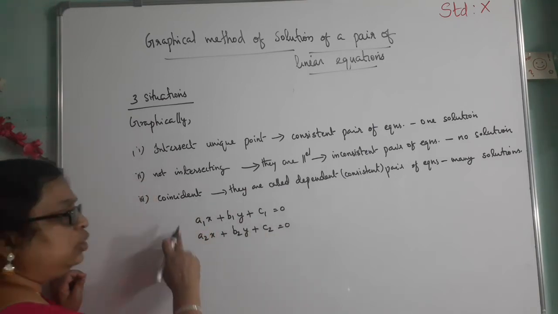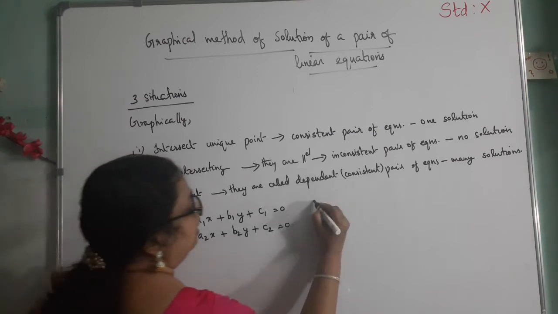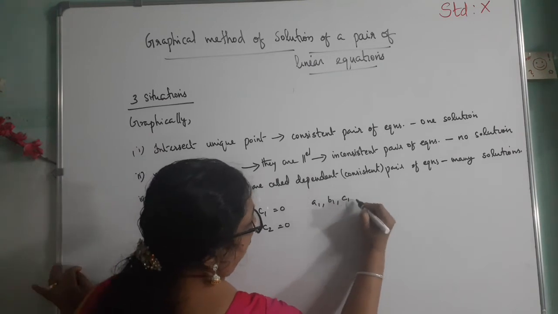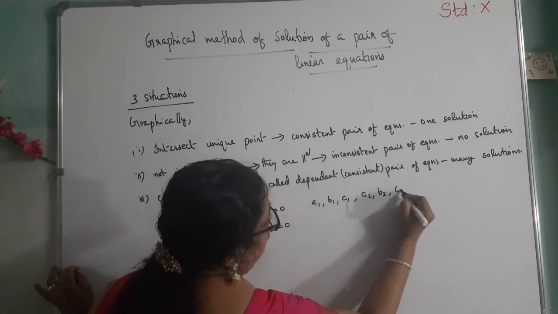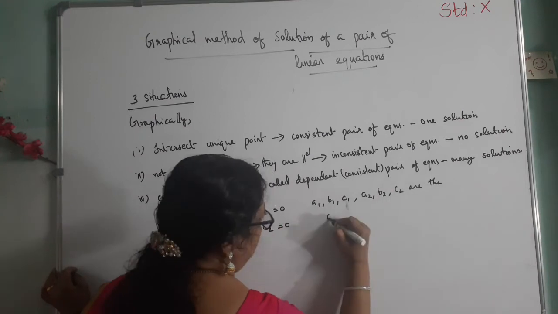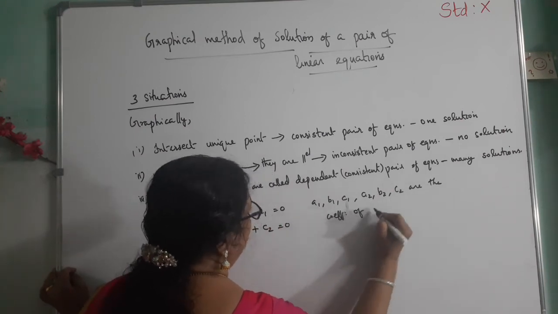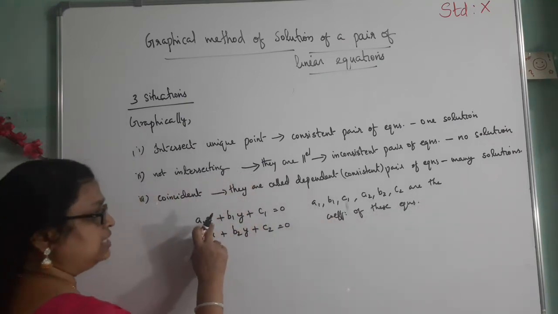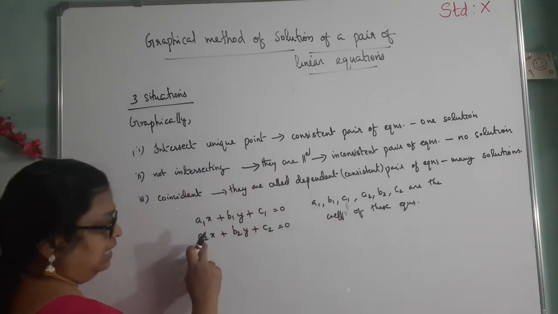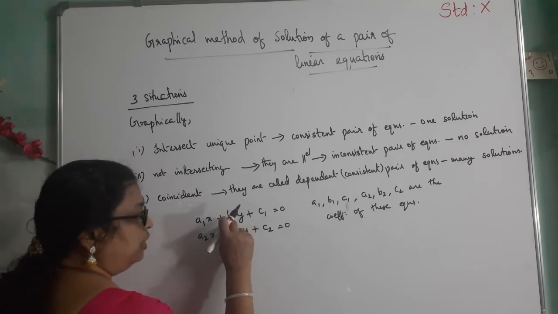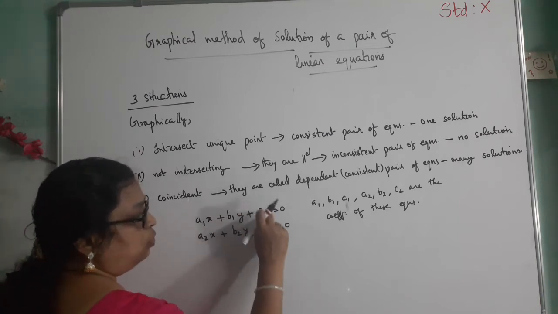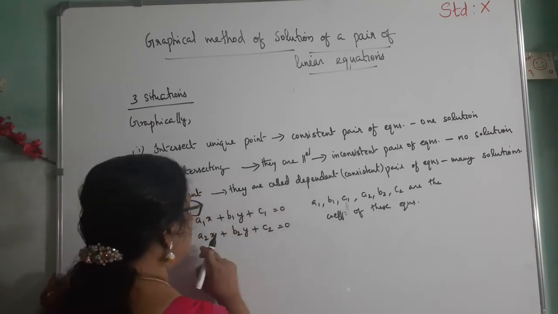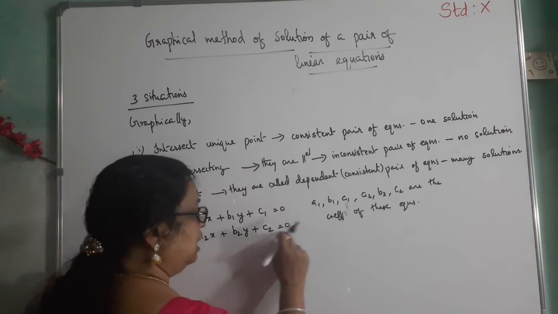Here a1, b1, c1 and a2, b2, c2 are the coefficients of these equations. a1 is the coefficient of x, a2 the coefficient of x here. The coefficient of y is b1, here b2. And c1 and c2 are the constant terms.